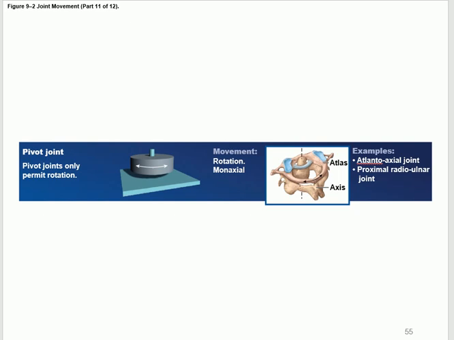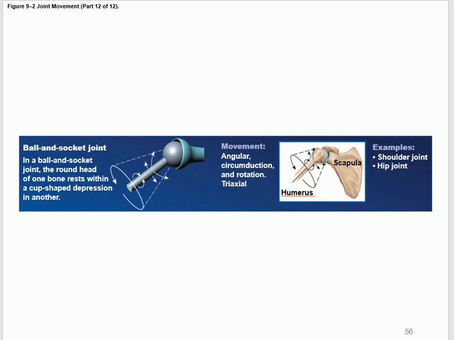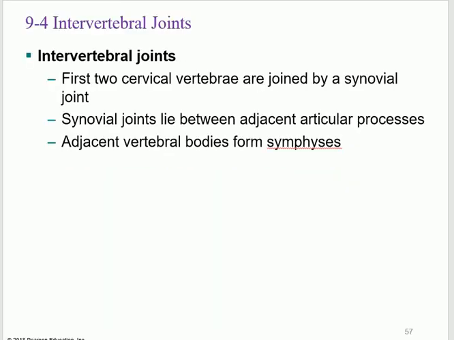So this is a good example of rotation. Ball and socket is an angular movement that allows rotation, circumduction, and all the different movements. Obviously, this is the shoulder joint and the hip joint. Those two are ball and socket, and they allow all types of movements. Angular, circumduction, rotation, it's triaxial.